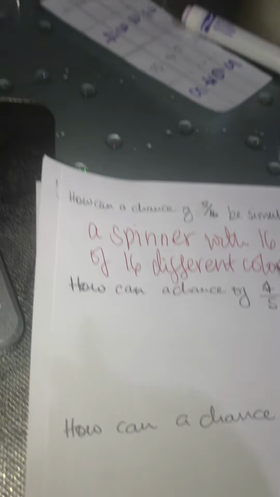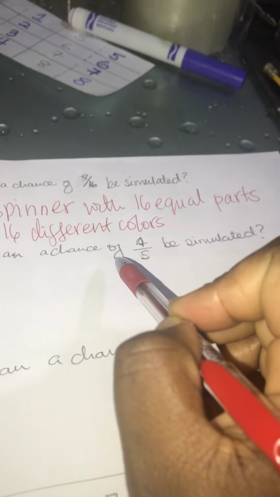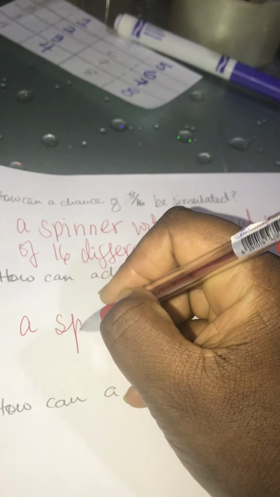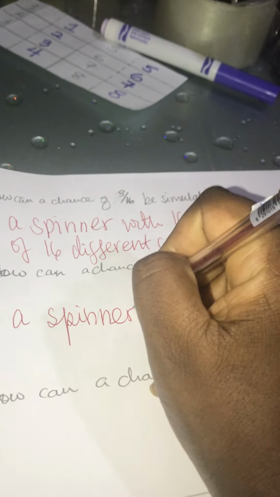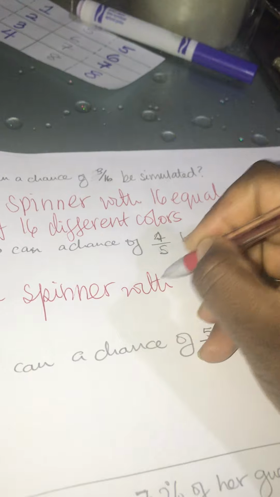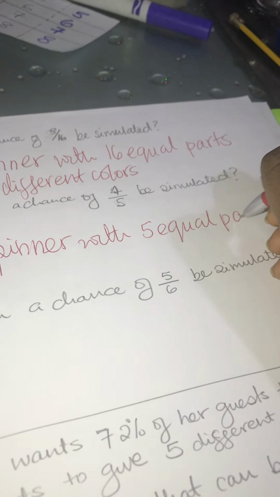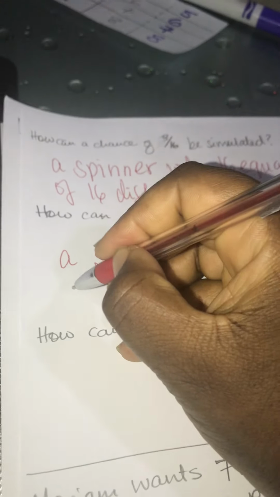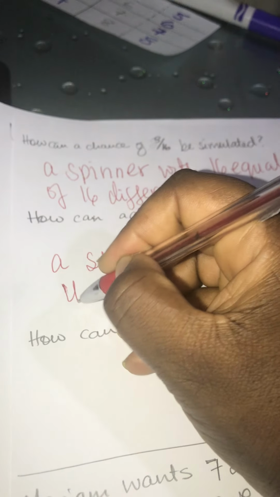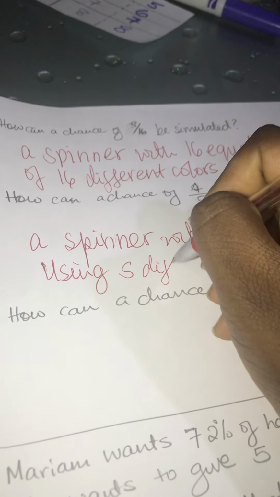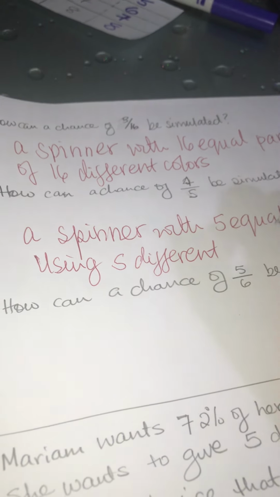Like that. How can a chance of 4 out of 5 be simulated? A spinner with 5 equal parts using 5 different colors.